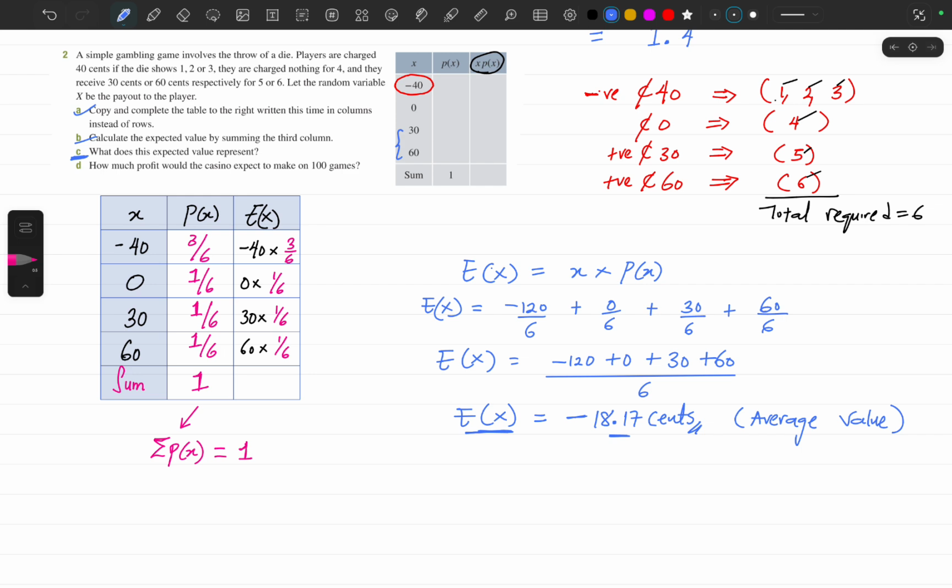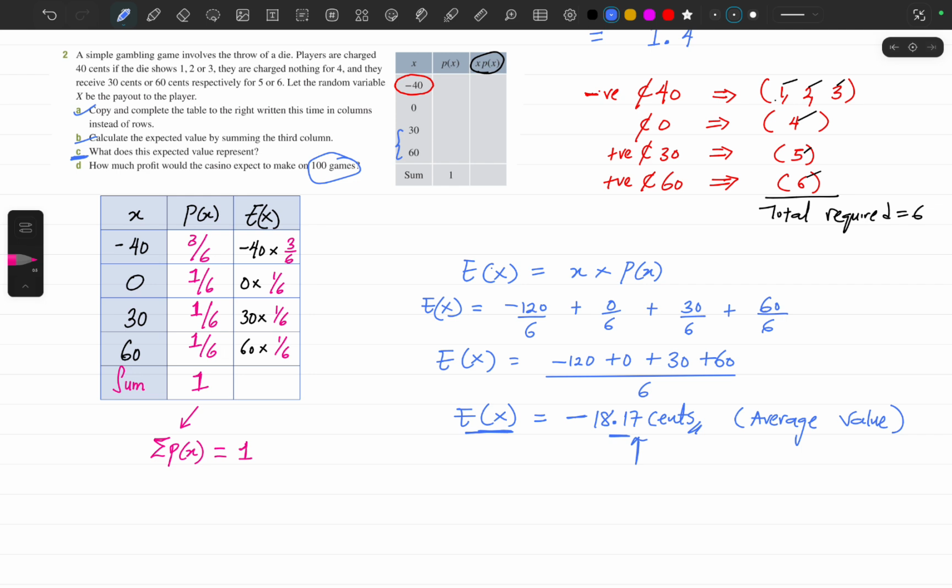How much profit would the casino expect to make on 100 games? Since this is the average value, if this game is played 100 times, we know that on average this is what each person will lose. So the casino should gain 18.17 times 100.